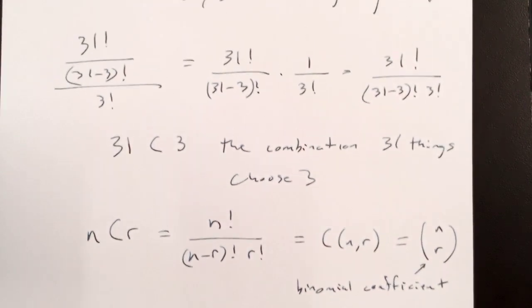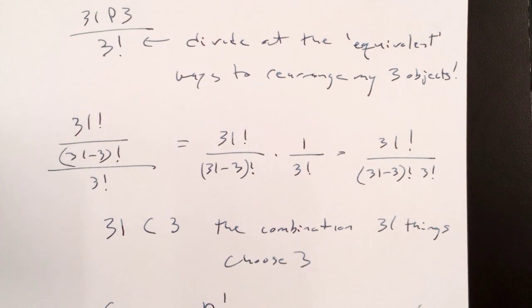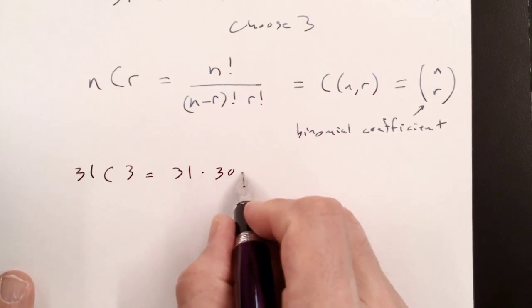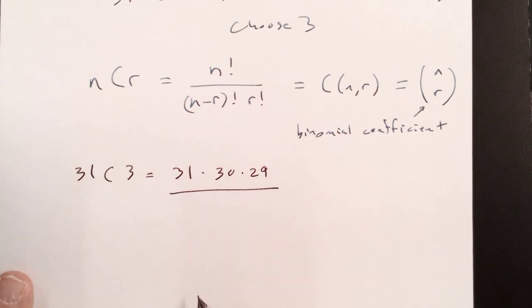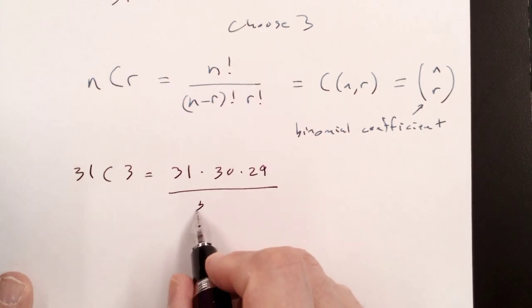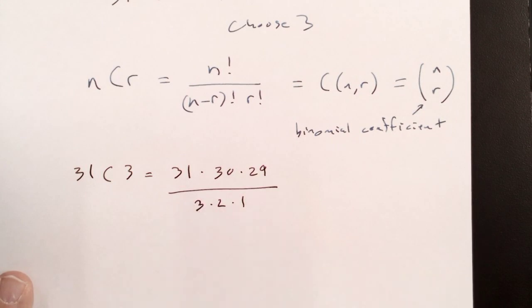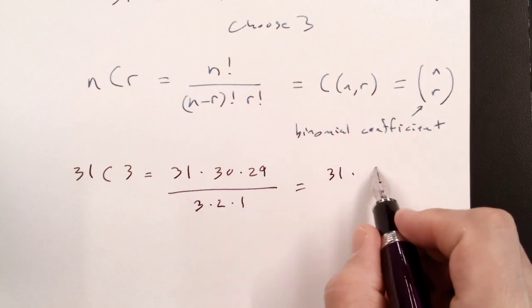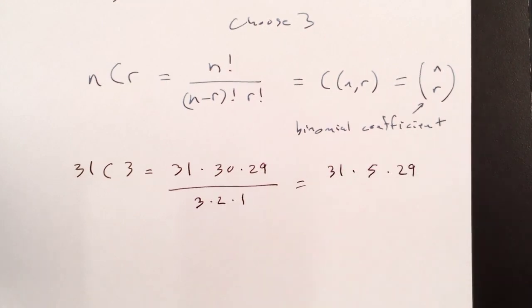But the way we figured it out up here was to do 31P3 and then divide by 3 factorial. 31P3 is 31 times 30 times 29. And then I'm dividing by 3 factorial. The bottom is 6. 30 divided by 6 is 5. I just canceled the 6 out. That's a lot easier. 31 factorial is not a small number. I don't want to write that thing down. I don't have to.